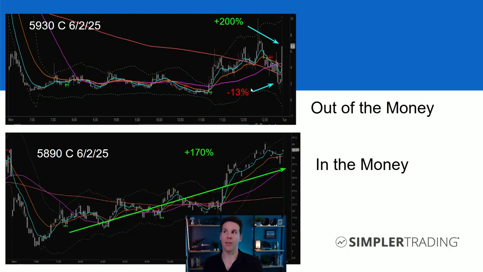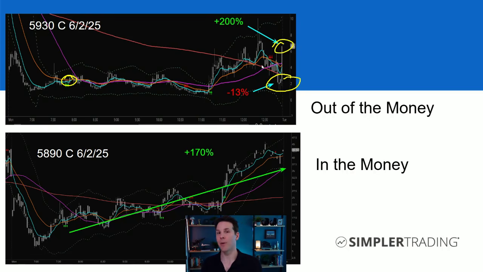And the market's saying, I don't even know if it's going to close in the money, because if it doesn't close in the money, it's worthless. And you can see here, less than 30 minutes before the market closed, this thing is worth minus 13% from your original entry because, oh boy, it doesn't look like it's going to close in the money. But then suddenly it closes up here.